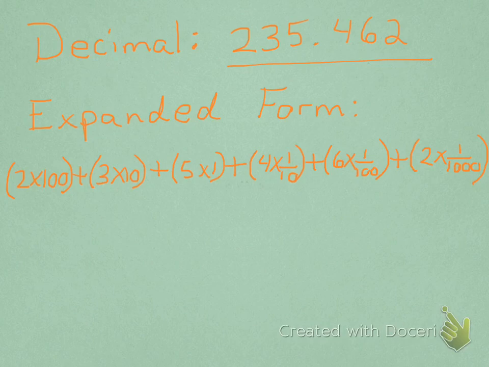I did notice on my previous slide that I had made a mistake in that I forgot to put an addition sign between the 5 in the ones place and the 4 in the tenths place. So I'm going to circle that addition sign now. And just a reminder that when we use our order of operations and add up this entire problem, we're going to end up with our original decimal, which is 235 and 462 thousandths.